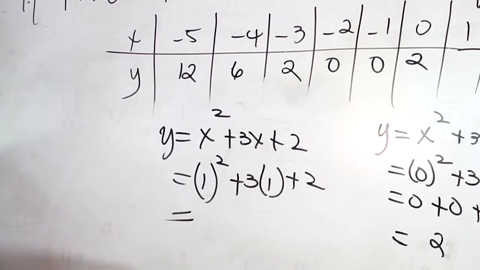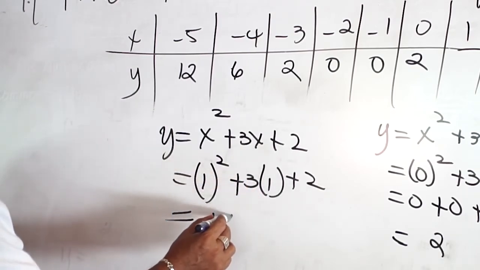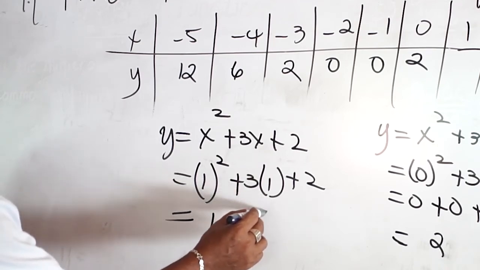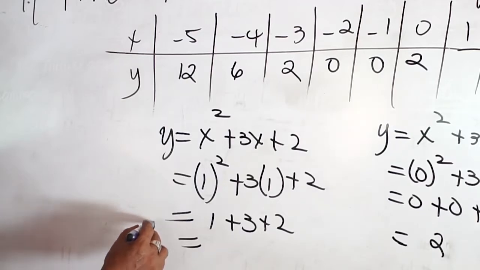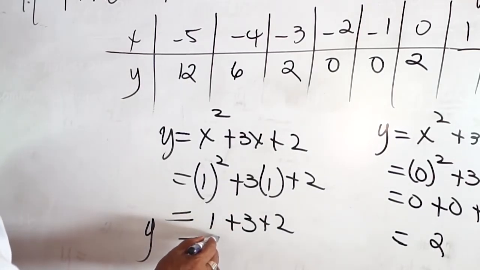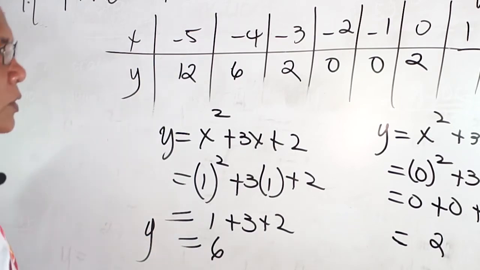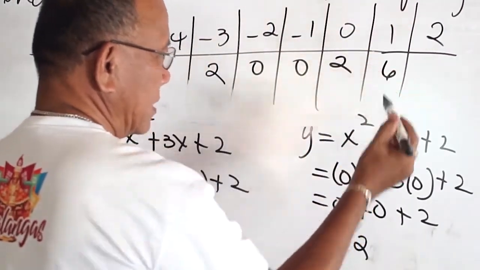The square of 1 is 1. 1 times 3, the result is 3. Then plus 2. So add: y is equal to 1 plus 3 plus 2. The result is 6. Therefore the ordered pair is 1 and 6.